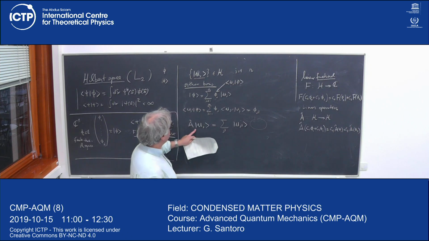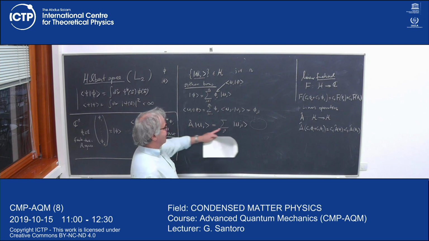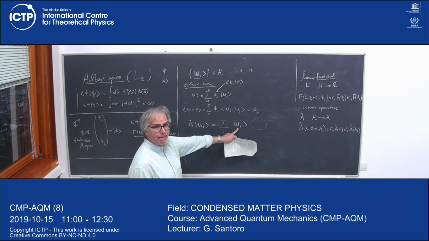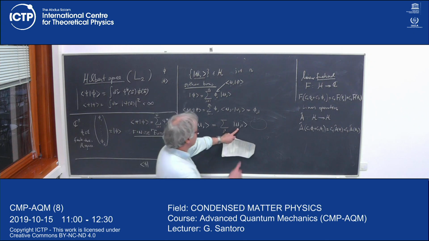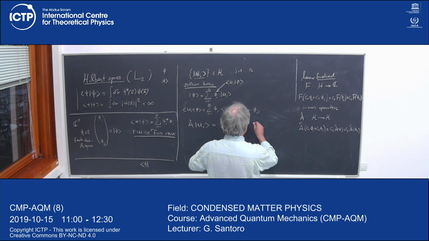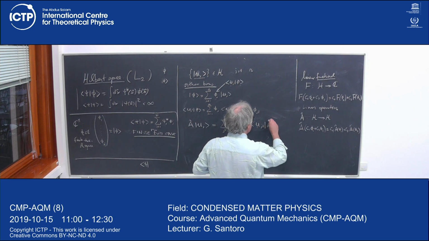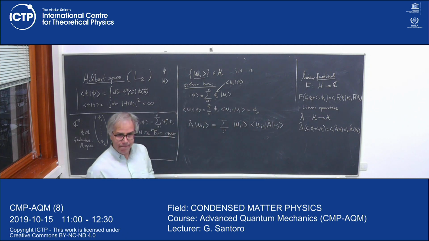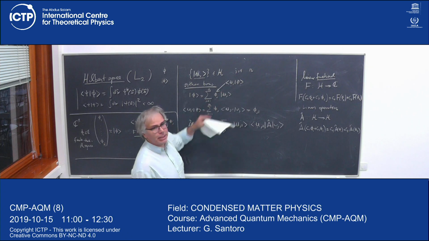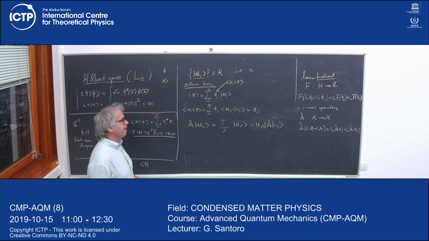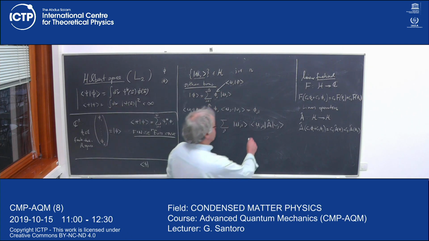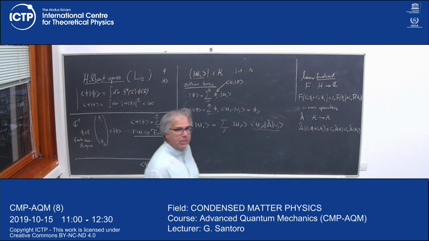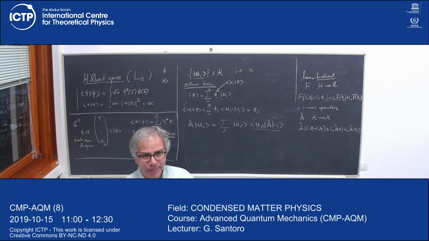Take the scalar product of this thing with uj prime, and you realize that the coefficient that you need here is precisely the scalar product of uj prime with A uj, pretty much as here. But this is a matrix. This is the matrix representing the operator in the given basis, n by n.